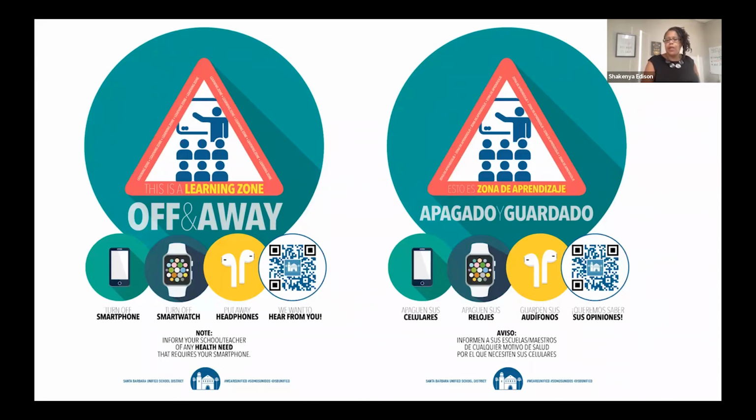It's important that we communicate to the school side, either the teacher or the principal, to let them know that there is a health reason for the student to need their phone out, so that we're not only all aware of it, but we also can support the student and their health needs. If it is not a health concern, the expectation is phones are off and away in the learning zones.